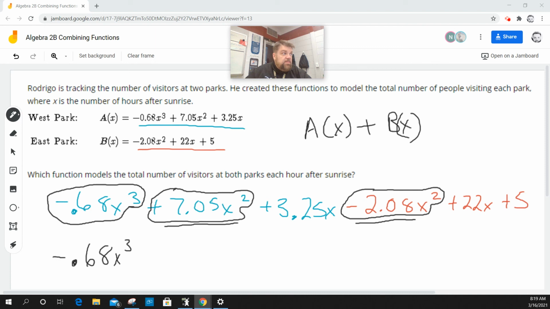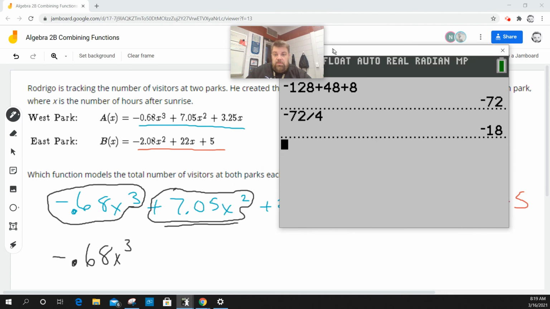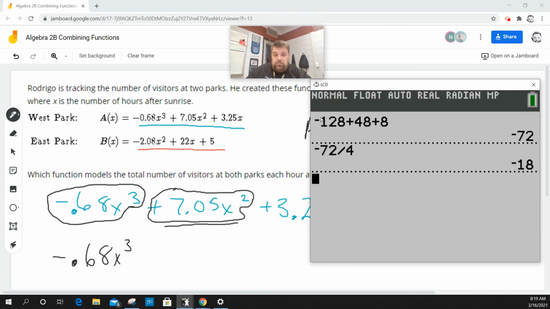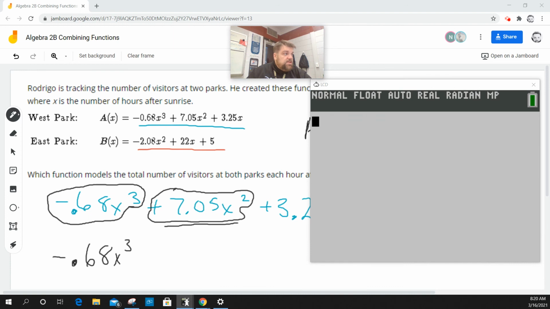So let me pull my little calculator up here. It's a big calculator. All right. So we're going to clear this out. And I've got 7.05 minus 2.08.